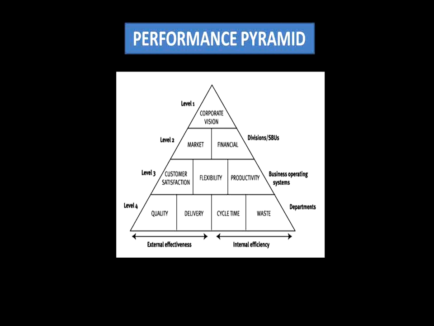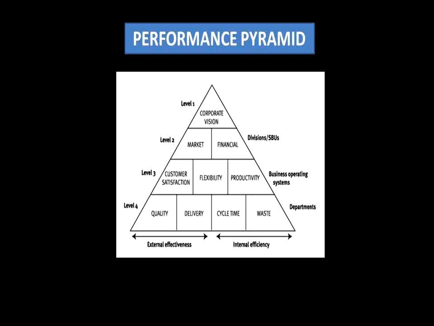We'll start with the first part, which is the corporate vision. Corporate vision, market and financial measures are taken care of at SBU level, and then customer satisfaction, flexibility and productivity are taken care of at business operating level. Then quality, delivery, cycle time and waste are taken care of at departmental level.